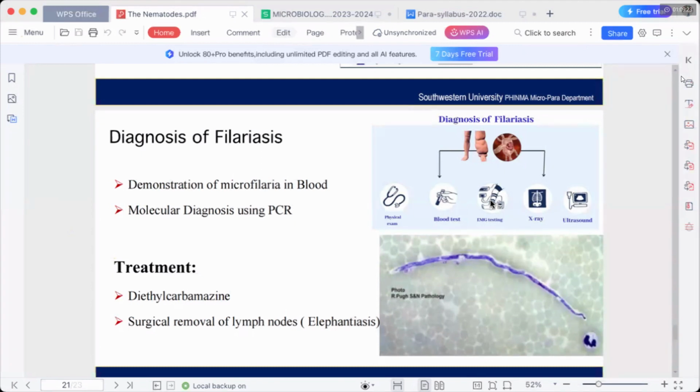The treatment is diethylcarbamazine and surgical removal of the lymph nodes. For those patients whose feet and legs are very enlarged, I think that enlargement is irreversible already, or maybe before that they did not seek consultation.